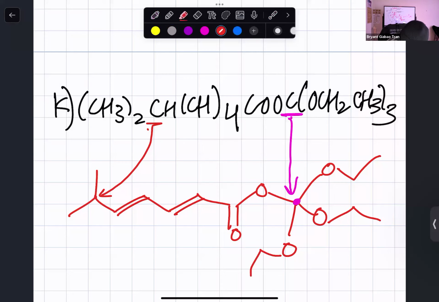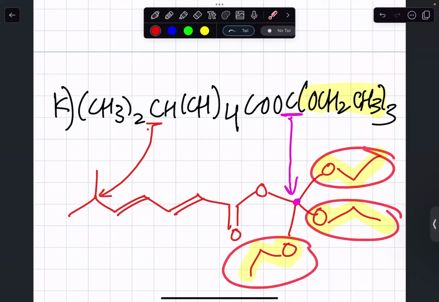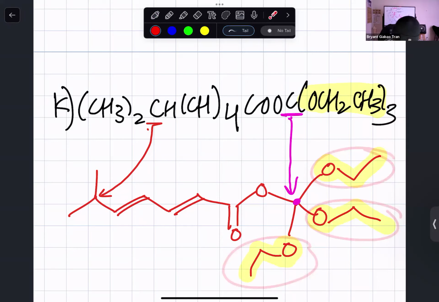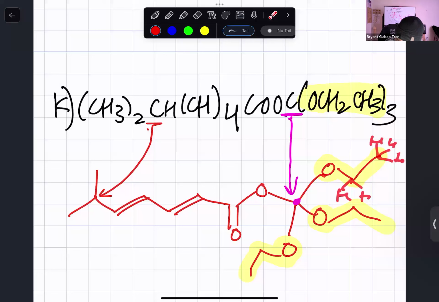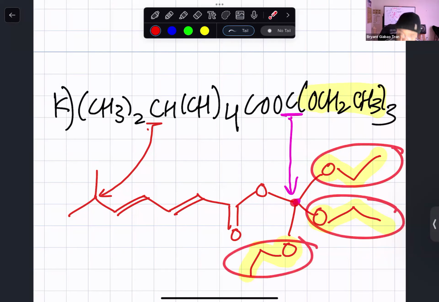And then I'm going to highlight the OCH2CH3 like this. This is the OCH2CH3, OCH2CH3, OCH2CH3, where there's three of them. One, two, three, just like that. This is the O right here, this is the CH2, this is the CH3. And that's one of them. We have three of them attached to the pink central carbon right here.